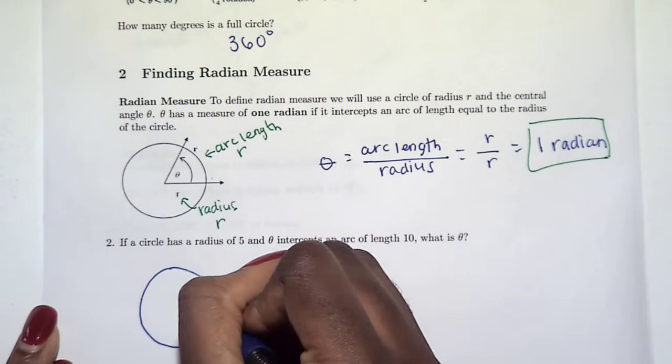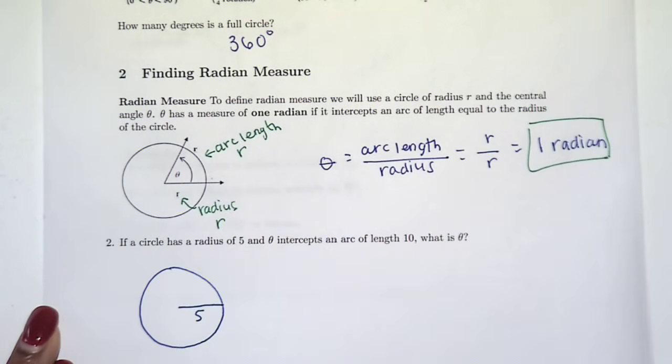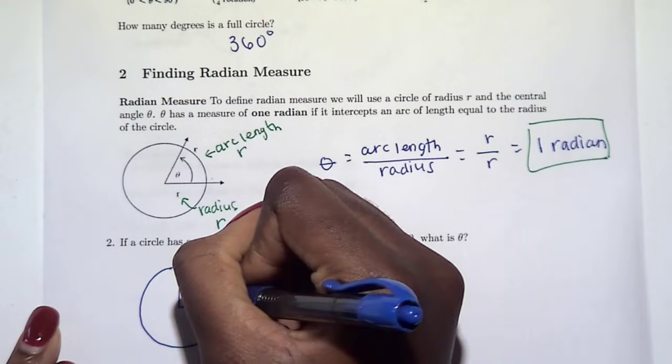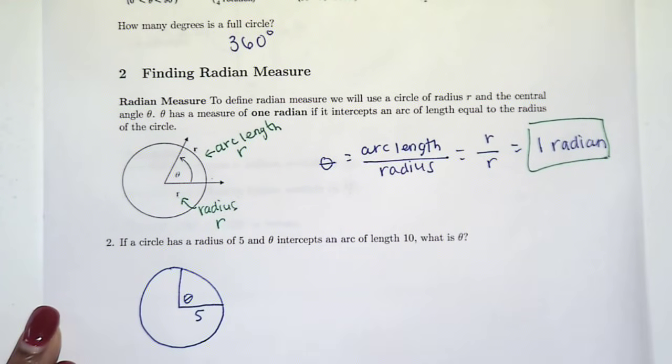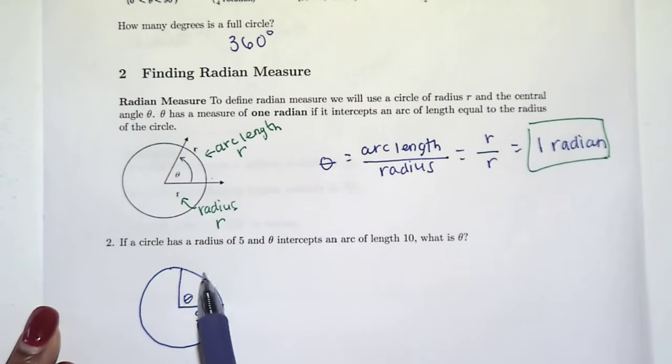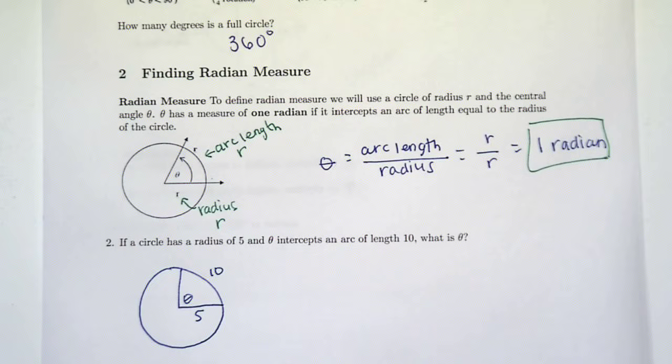So from the center of the circle to the outside, the radius is 5. And then there's an angle in here that intercepts an arc length. So maybe here's our angle. You can draw it however you want. And this arc length out here, they say is 10. And so our question is, what is theta?